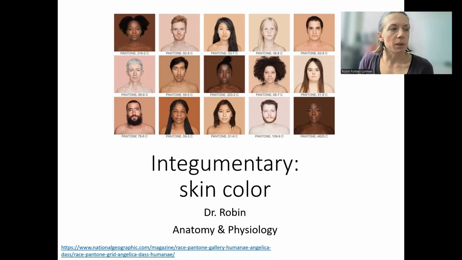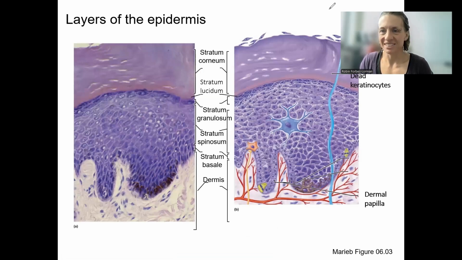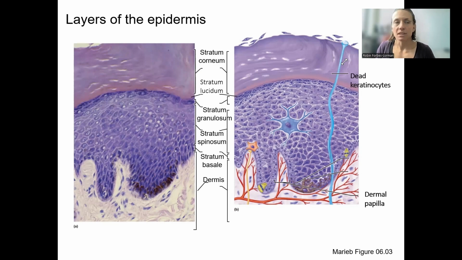Okay, so to remind you of the layers of the skin, because we're going to dive into them. Let's look at the epidermis. So remember, the epidermis is that top layer of the skin made of stratified squamous epithelium.